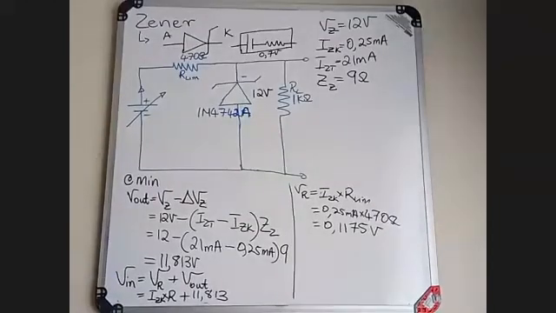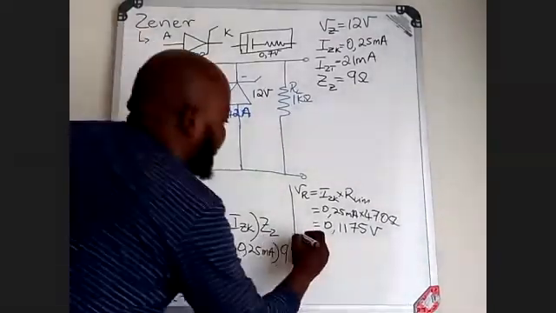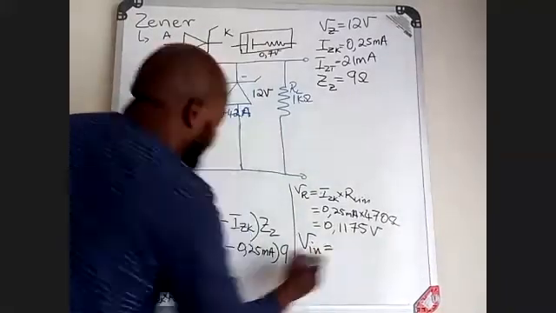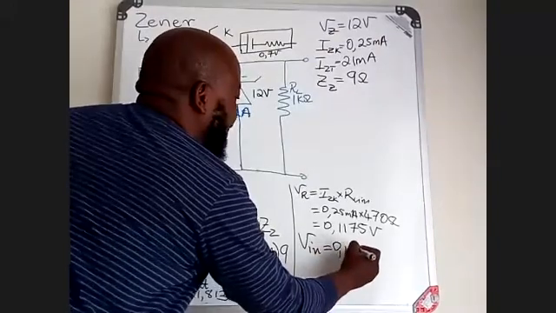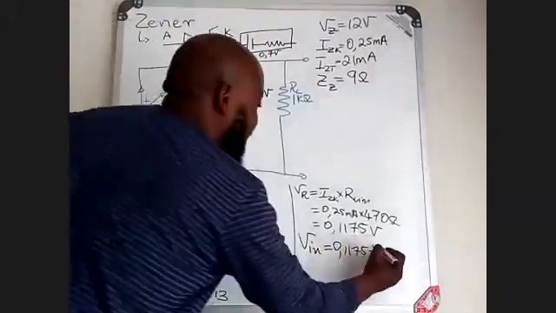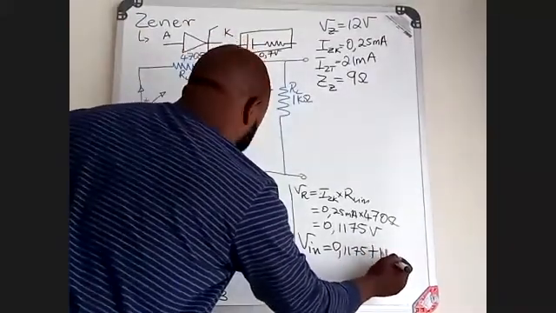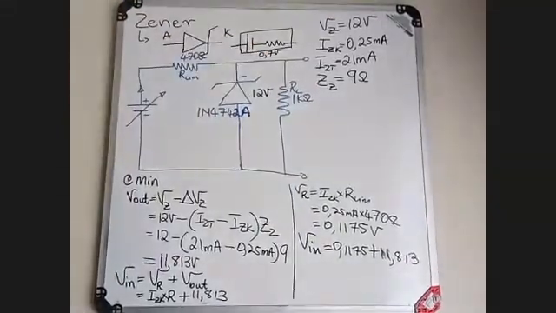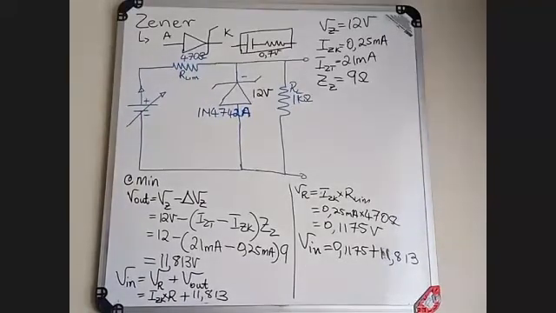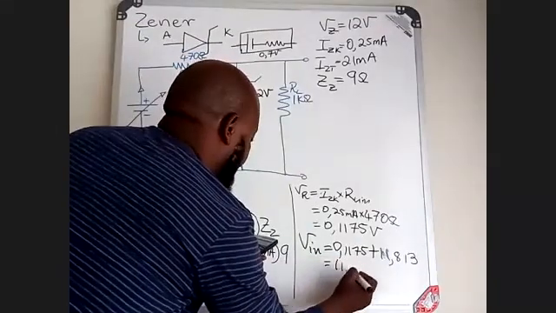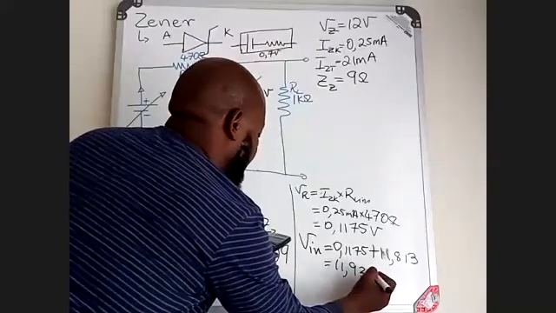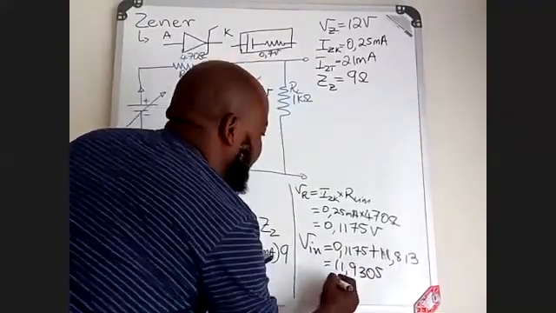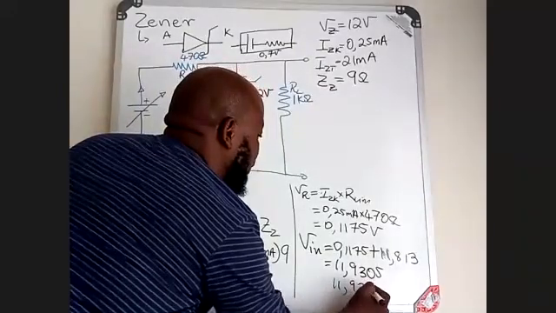Now, when I substitute, my V in at minimum will be given by 0.1175 plus 11,813, which gives you 11,930.5, which is 11,931 volts.